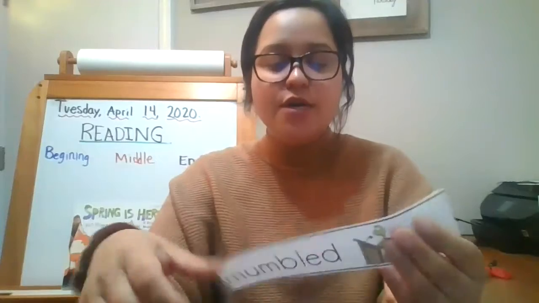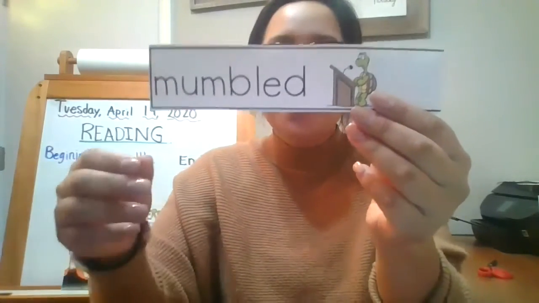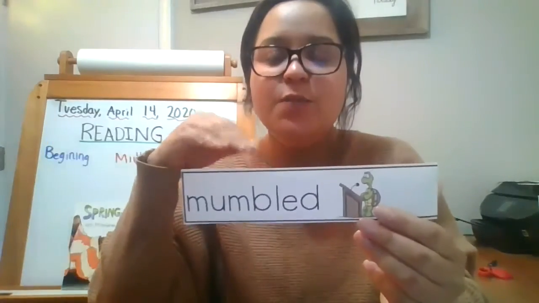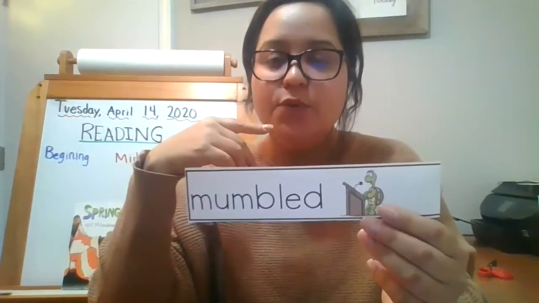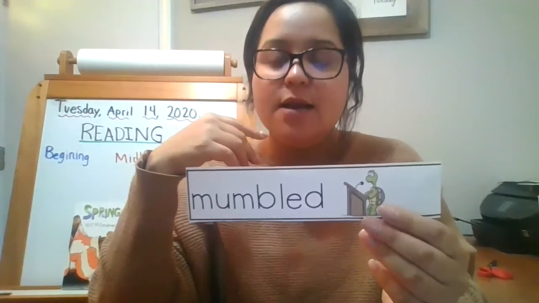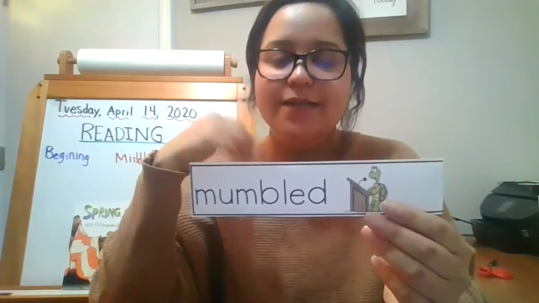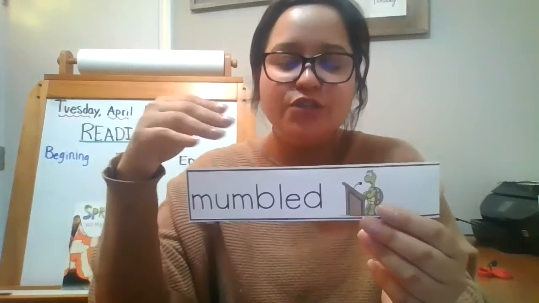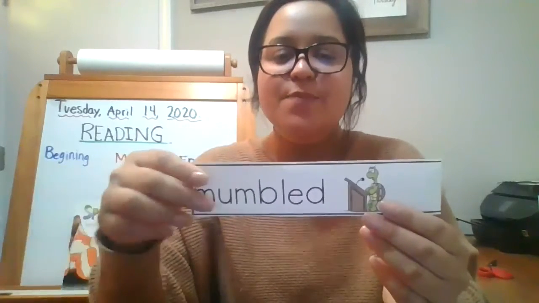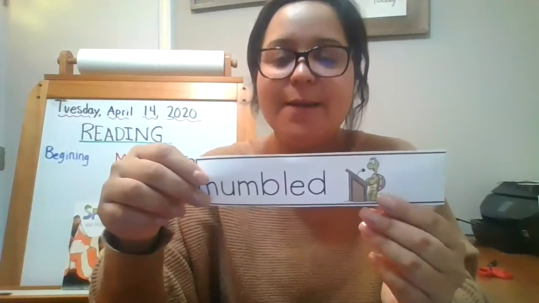And the last word in this book is mumble. So mumble means when you speak very low and your lips hardly move, so kind of like that. People won't be able to understand or hear what you're saying, okay? En español, la palabra mumble significa murmurar.